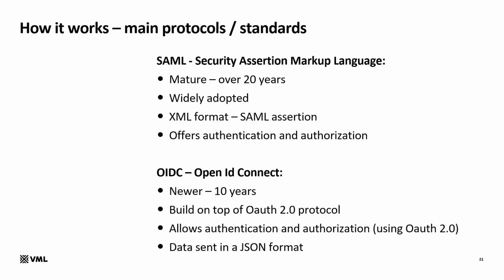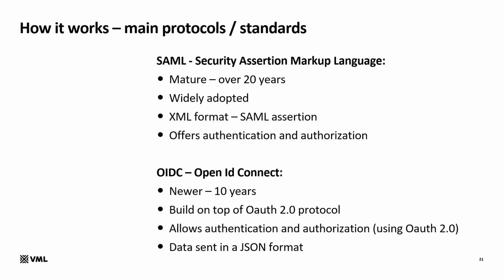These are two different approaches. SAML is based on XML, so tokens consist of XML assertions, and it's quite mature. It's over 20 years on the market and widely adopted, so all those big organizations will probably use it or try to tell you that you should use it. But some are open to newer standards, like OIDC.